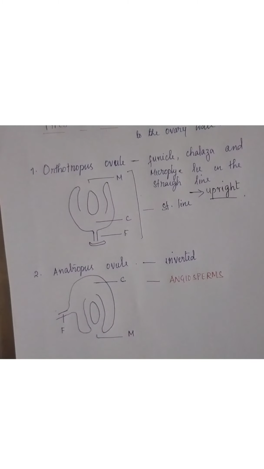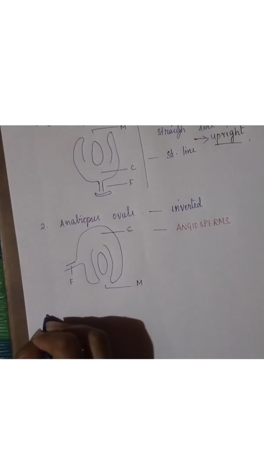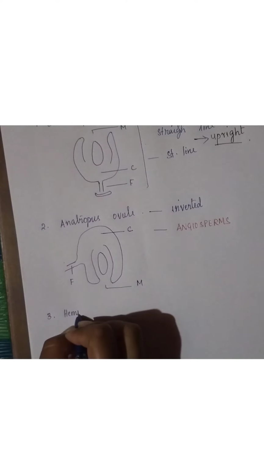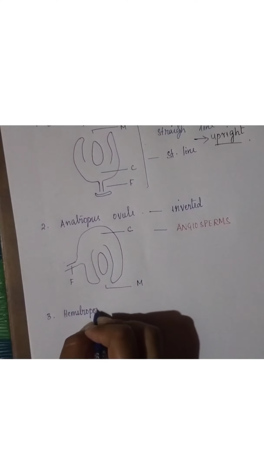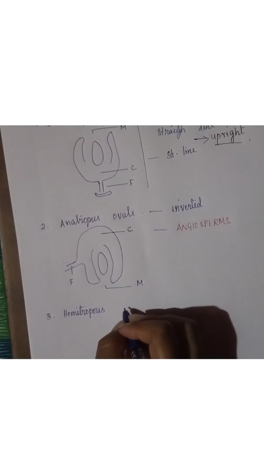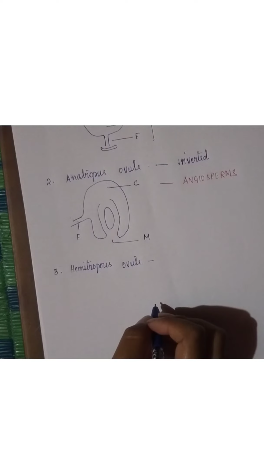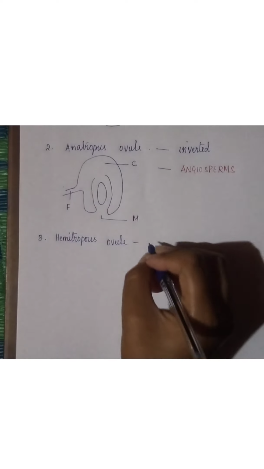Then the next type of ovule is known as the hemitropous ovule. The hemitropous ovule is transverse.